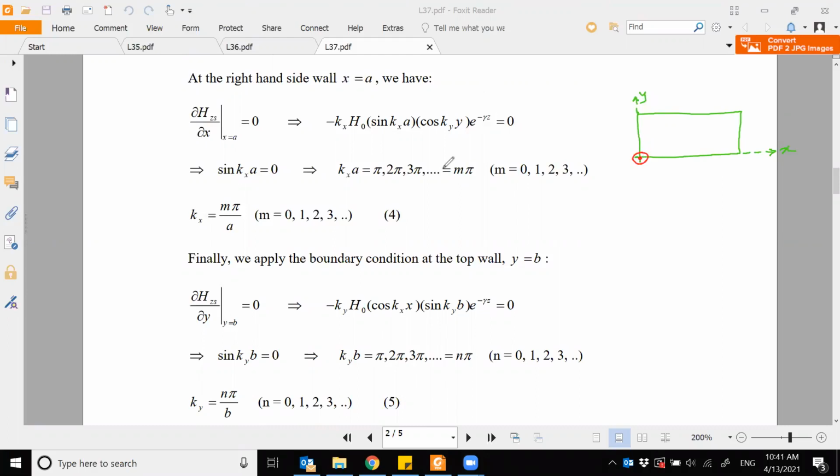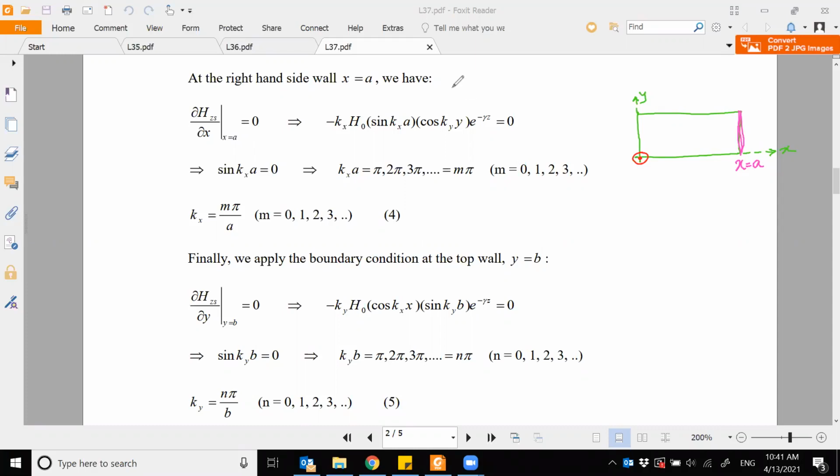Now, which boundary am I applying to? I'm applying to the boundary x is equal to A. So this is my boundary, which is situated at x is equal to A.